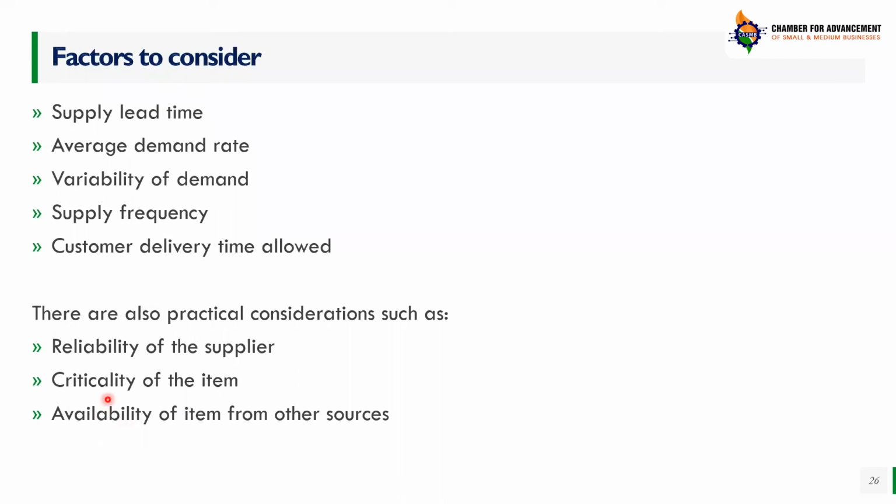But the flavor, for example, some company flavor you have already optimized in your formulation, then you have to use that company flavor in that amount only. If that flavor is not available, your production is stopped. You cannot use alternative. So that's a critical item. Then availability of the item from other sources. Like I said, say salt. If this brand salt is not available, another brand salt you can use.